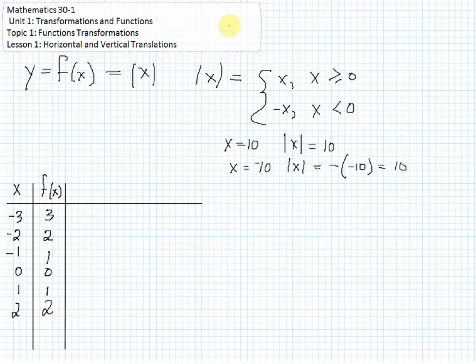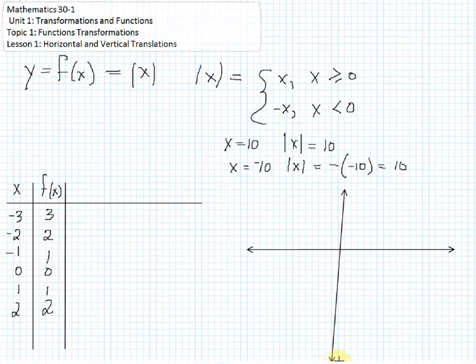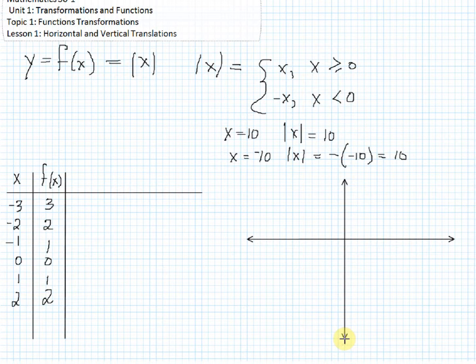So if we were to graph this, we will get a distinctive absolute value shape, and if you haven't seen that before, you'll get to see that right now. We'll create a Cartesian plane here, and when we go to graph, we've got negative 3 for our x value, and our y value, f of x, is positive 3, so we're going up 3, and we have our point here.